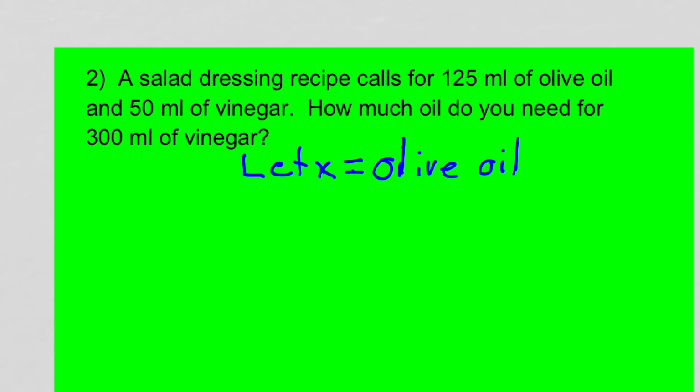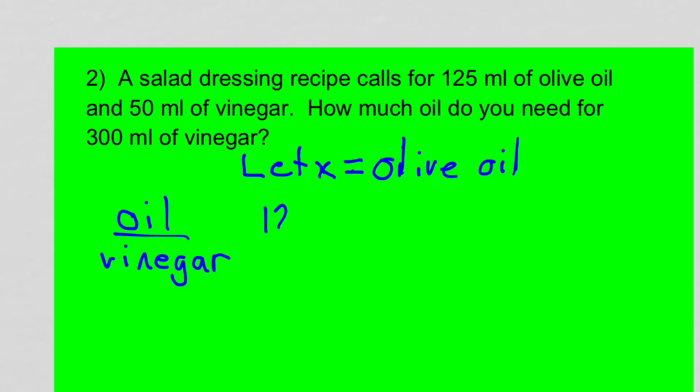Okay, what are we comparing in this problem? Well, we're comparing oil and vinegar. So that's our comparison: oil to vinegar. Now let's make a ratio that compares oil to vinegar. I see in the problem 125 milliliters of olive oil is needed for 50 milliliters of vinegar.